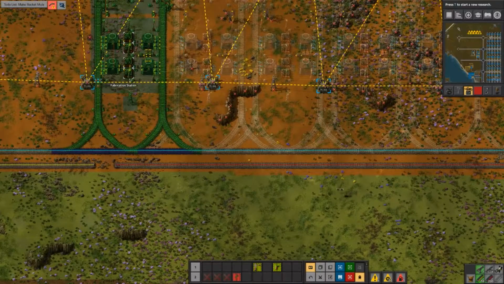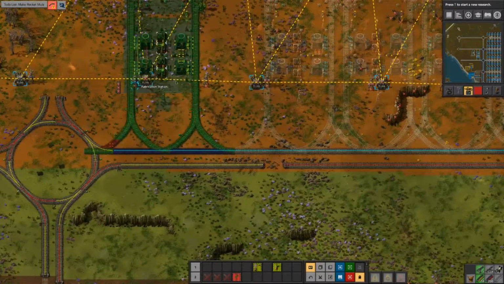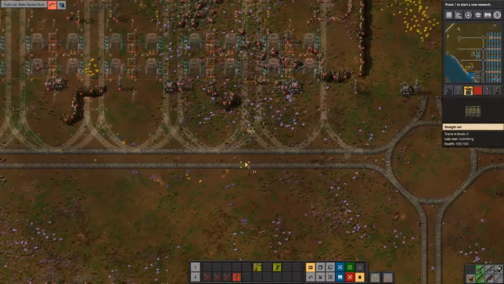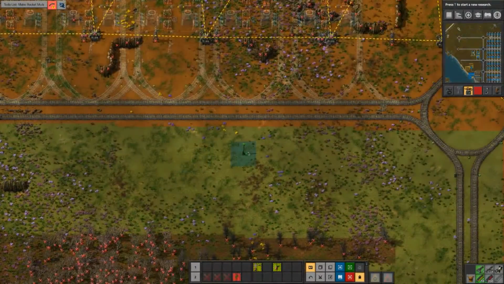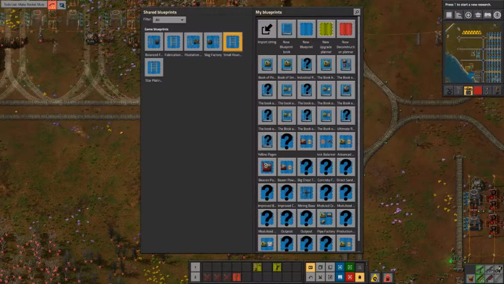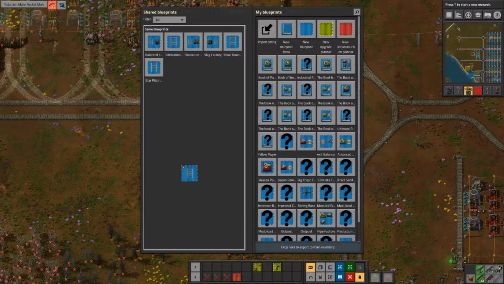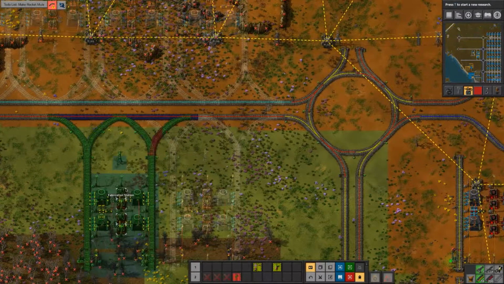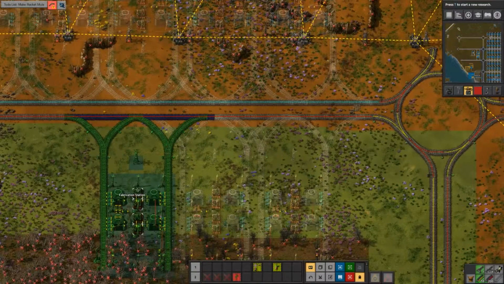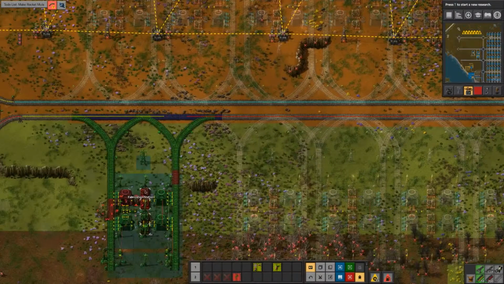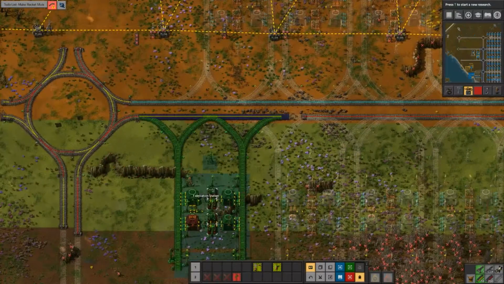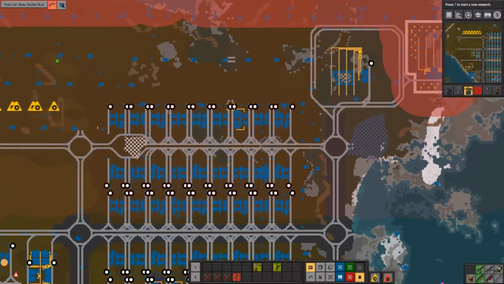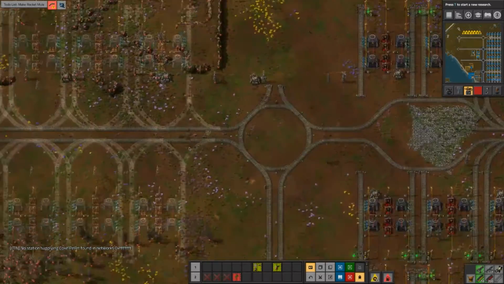And now we can place them willy-nilly like we want to. And place them on the other side. And now we don't have to make a large batch like we did over here anymore.